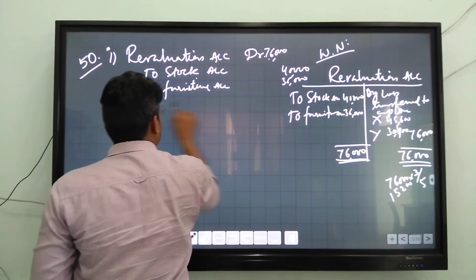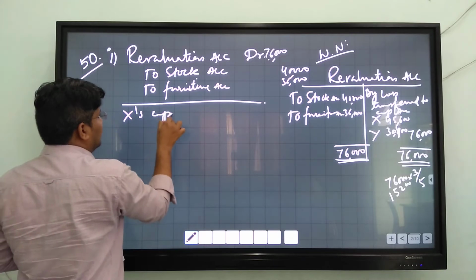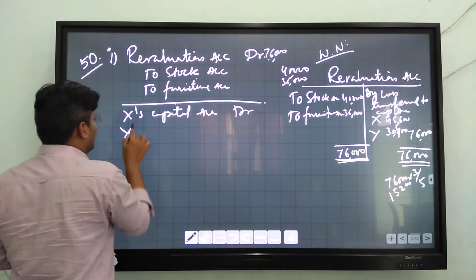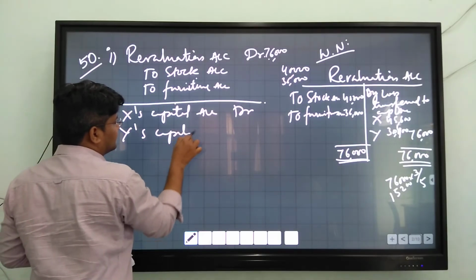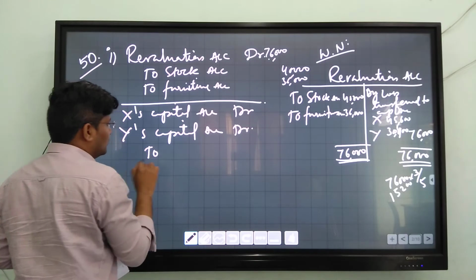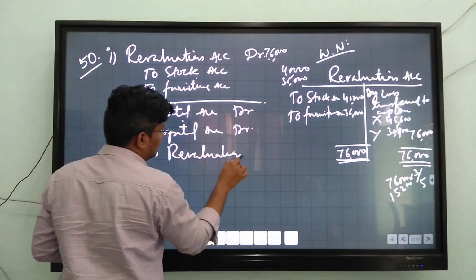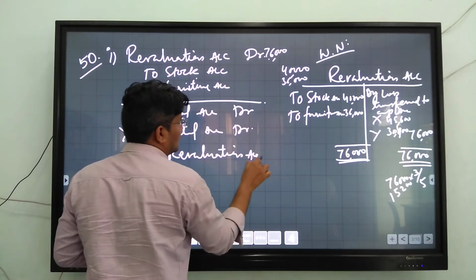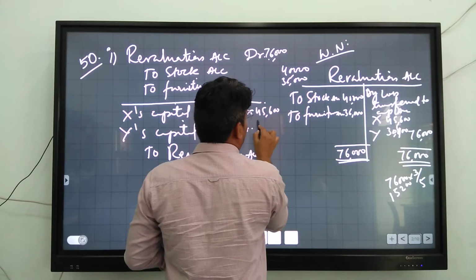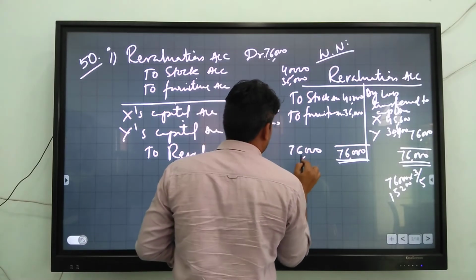And second entry is X capital account debit, Y capital account debit to revaluation account, 45,600 and 30,400, total 76,000.